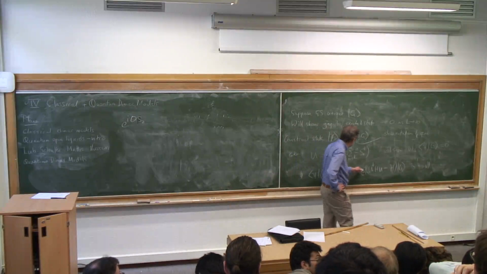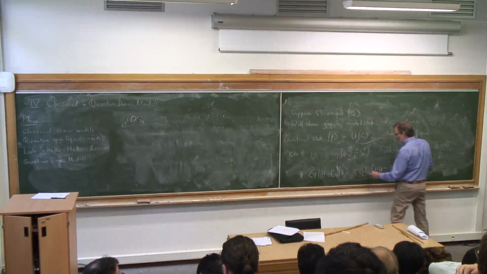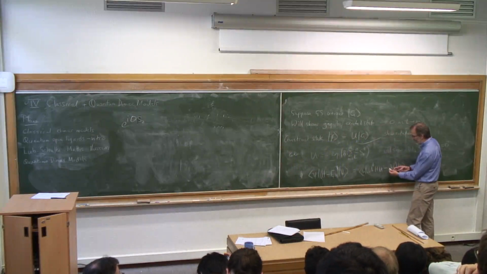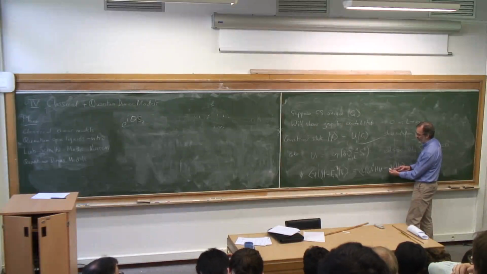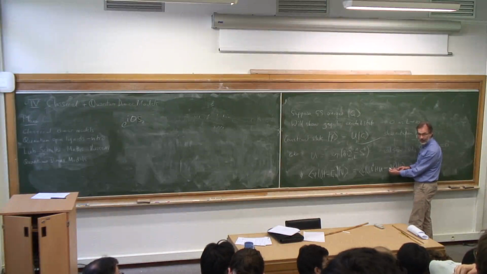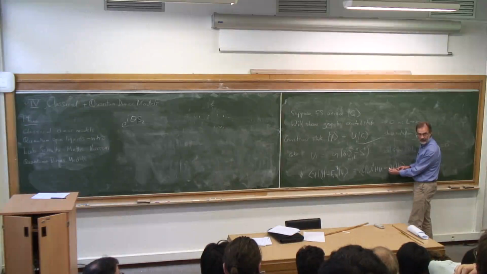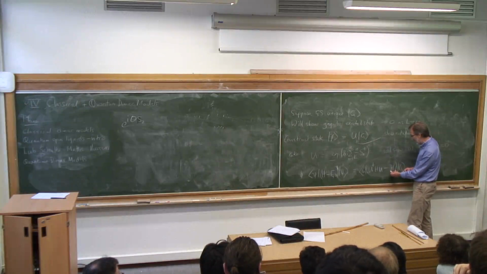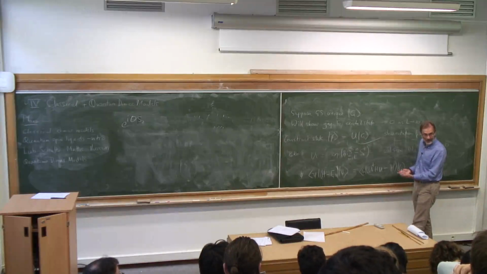What I have here in the first instance is U dagger E0 U. But E0 is just a number, so I can combine U and U dagger and replace it with 1. And then I'm just left with E0. But H acting on G gives me E0. That's actually my definition of E0.